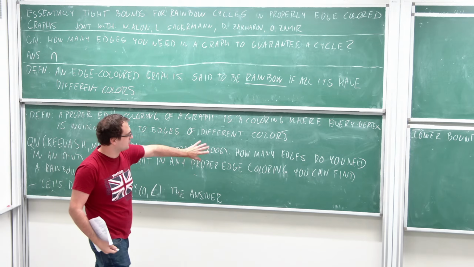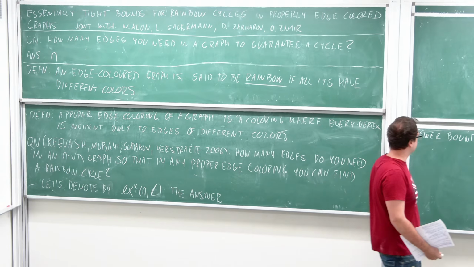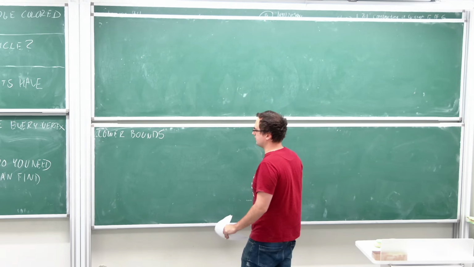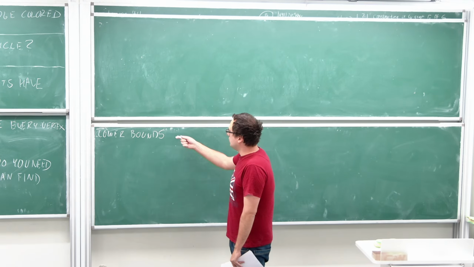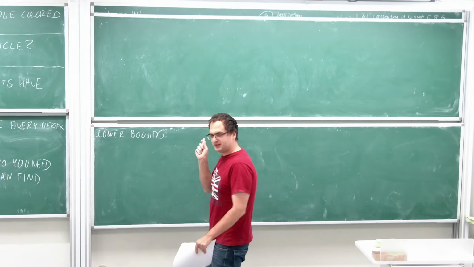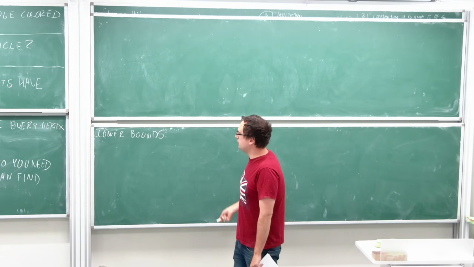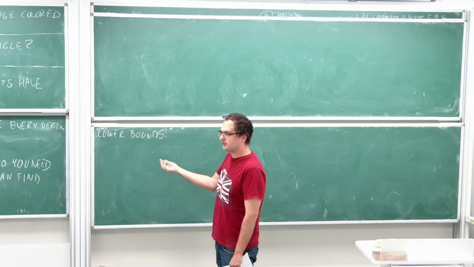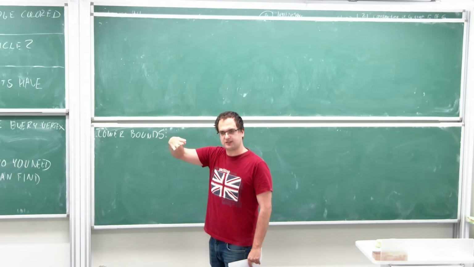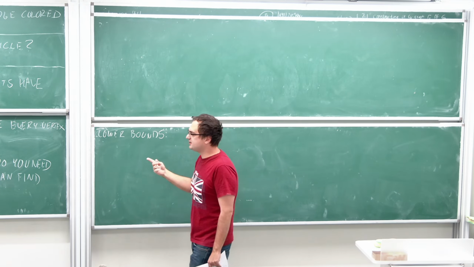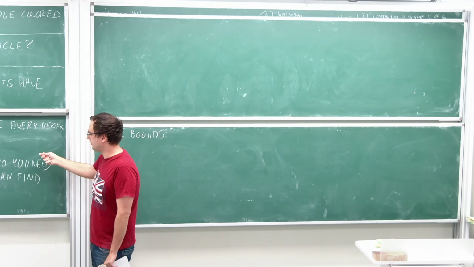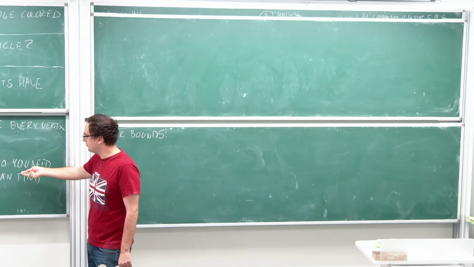It's just the answer to that question, but an instance of a more general problem. Now what about lower bounds? Precisely as you said, if you take the hypercube graph and you color each direction in a different color, that guarantees you will not have a rainbow cycle. So that's a proper coloring to start with.